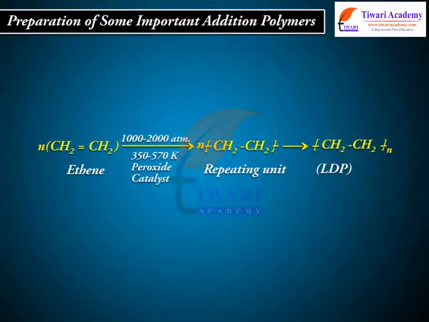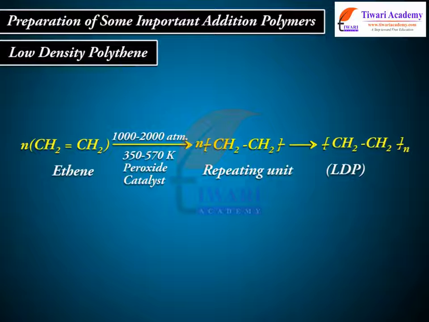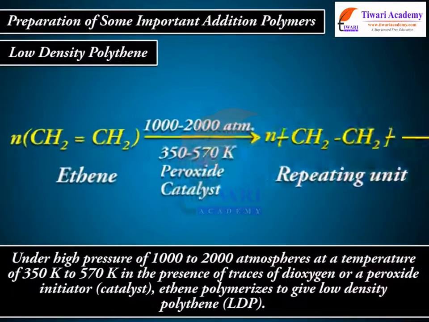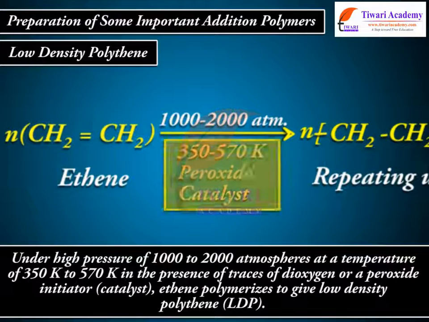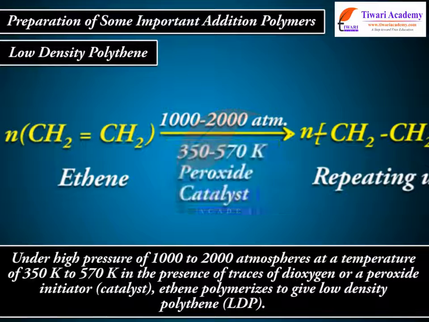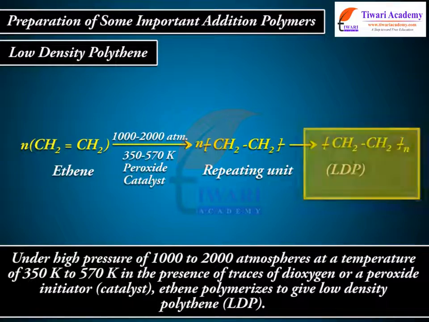Preparation of some important addition polymers. Low density polythene. Under high pressure of 1000 to 2000 atmospheres at a temperature of 350 K to 570 K, in the presence of traces of dioxygen or a peroxide initiator catalyst, ethene polymerizes to give low density polythene, LDP.